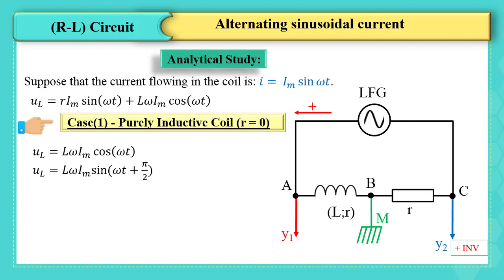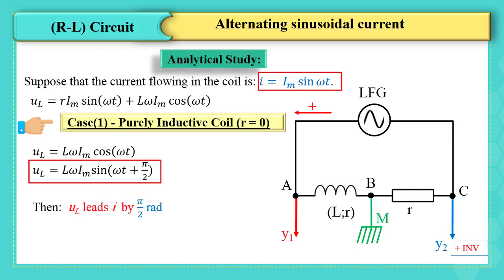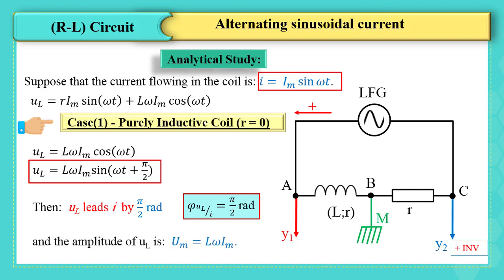And by comparing the two expressions of i and UL, we can conclude that UL leads i by pi over 2, where the phase difference of UL with respect to i is equal to pi over 2, as shown in the expression. And the amplitude of UL is equal to Um, which is equal to L omega Im.